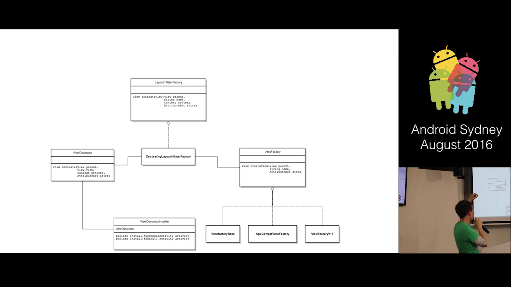The view factories will call either AppCompat or the appropriate platform version of the view creation method. Once it's done, if it's a text view, because in our case we are only concerned about text views and applying fonts, we call the decorator, and that's it. Whatever you want to do, you do in your view decorator.